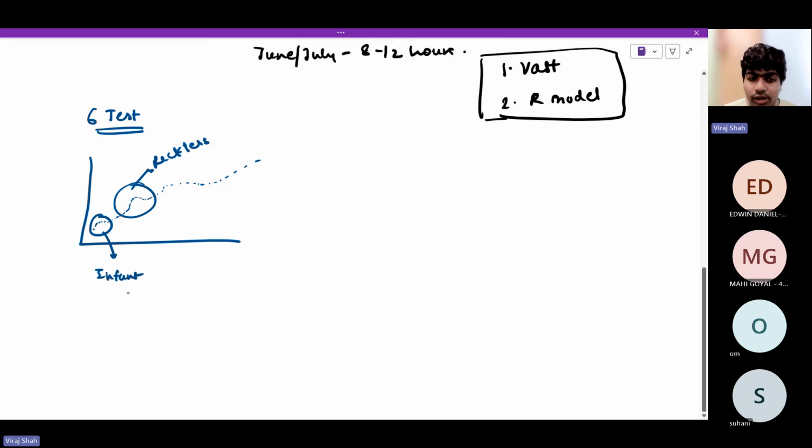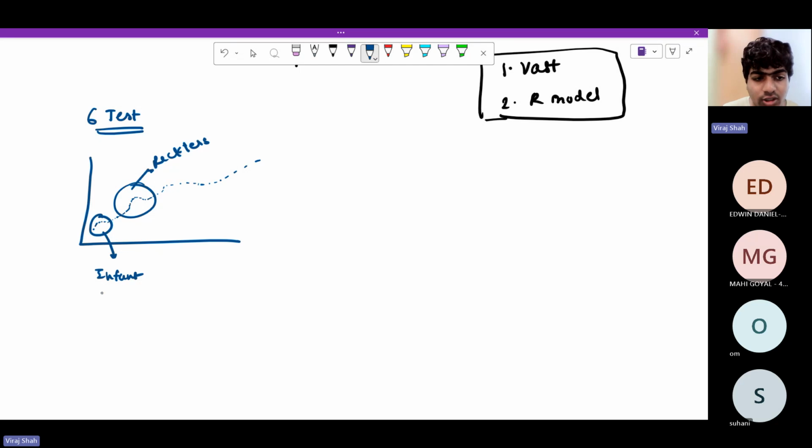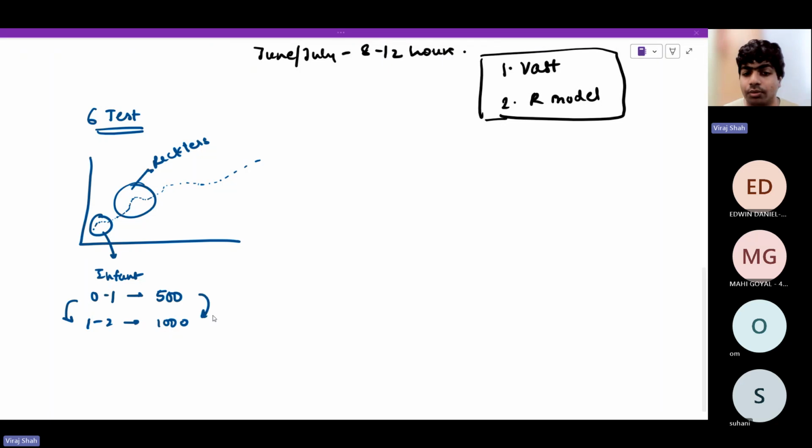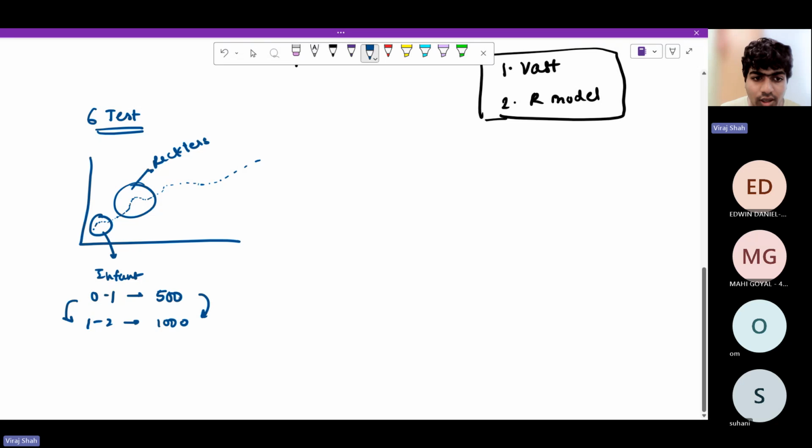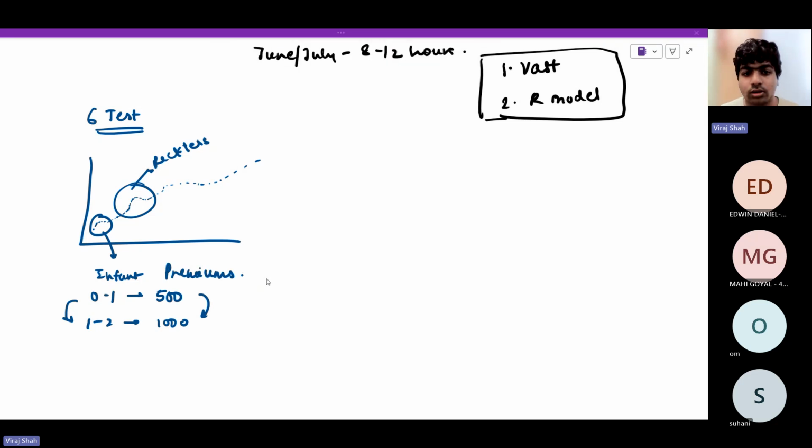But for an insurance company to charge premium, they cannot do it like this. For infants, for 0 to 1 years, they charge a premium of, let's say, 500. From 1 to 2, they directly charge 1,000, since the mortality increase is double, so we also charge double the premium. We cannot do it that way. If the insurance company increases the premiums with such major jumps, people are not going to buy their insurance policies.